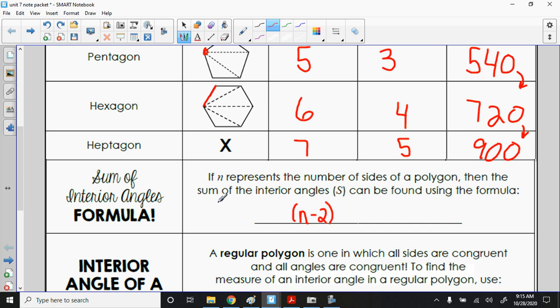So n is the number of sides. Look, heptagon, 7 sides. We subtracted 2. There's your 5. And what did we multiply it by? 180. And there is our formula for finding the interior sum of any polygon from 4 sides to 104 sides and beyond.